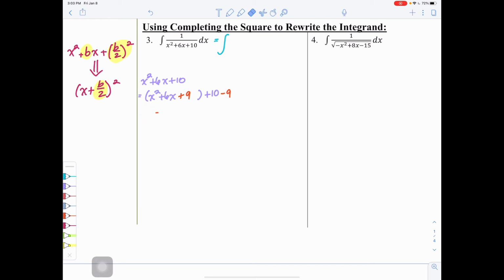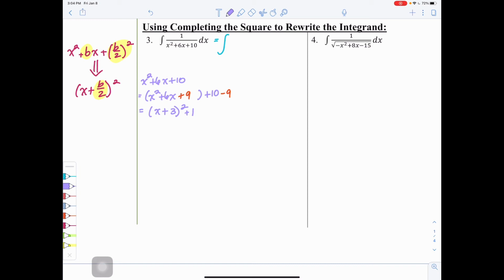Okay, now we're going to rewrite this as x plus, and so half of b is 3, and that is equal to that. So if you need to convince yourself of that, go ahead and square x plus 3, and you'll see that that's what it's equal to. And then we have a plus 1.